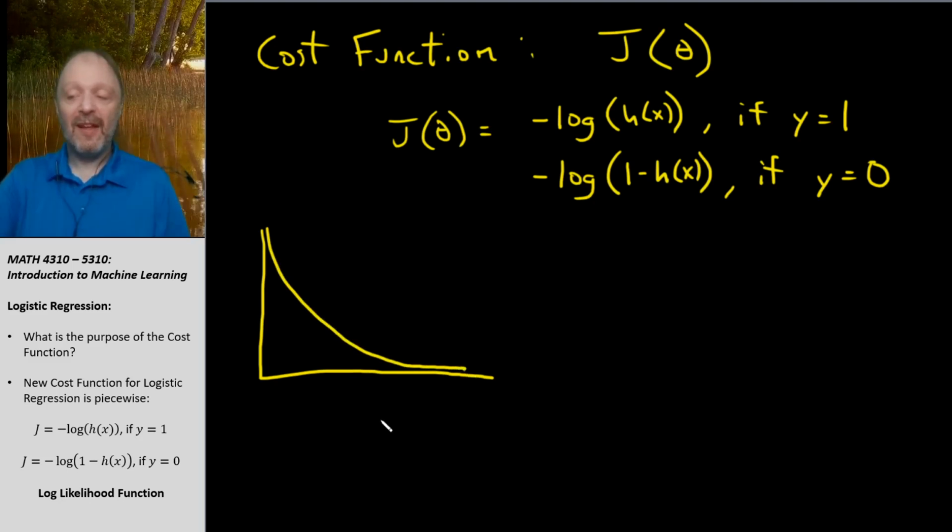Now, we're going to say that our cost is over here, and this is some x value. This is when y equals 1. We're going to use the negative log of h of x.